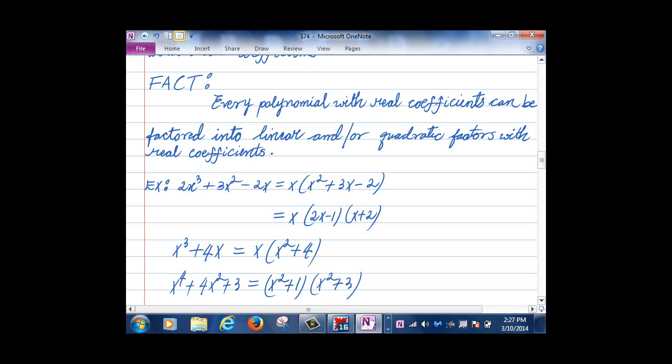Am I making sense? If I have any polynomial, I can completely factor it into linear and/or irreducible quadratic factors. Okay? Did my statement make sense? Let's look at a few examples of that.